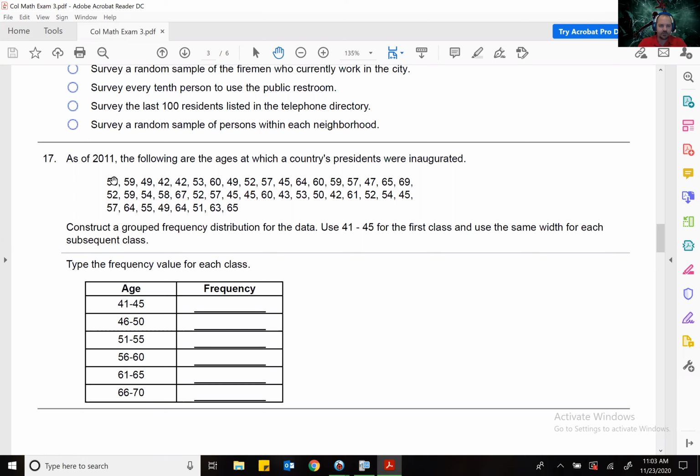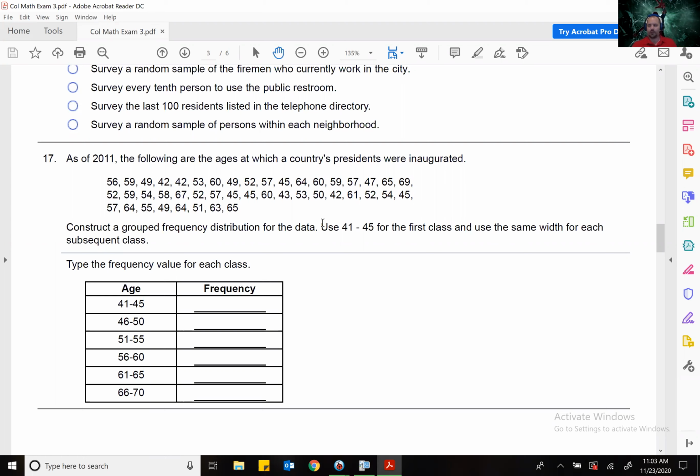So let me check something here. 1, 2, 3, 4, 5, 6, 7, 8, 9, 10, 11, 12, 14, 15, 16, 17, 18. So 36, 37, 38, 39, 40, 41, 42, 43, 44.